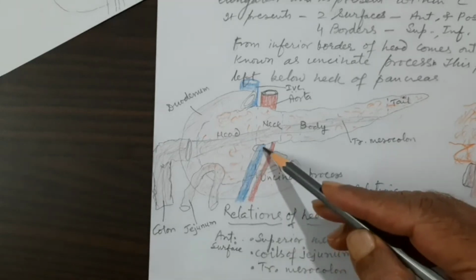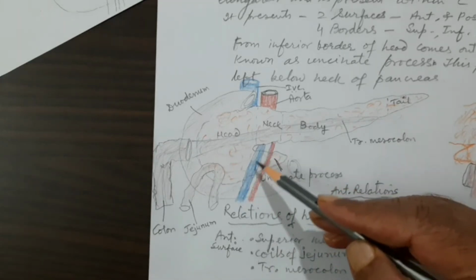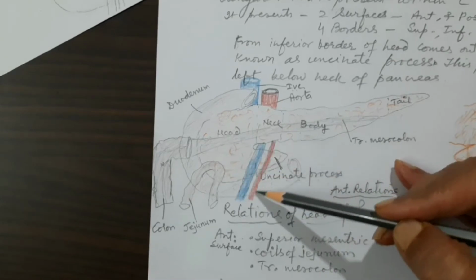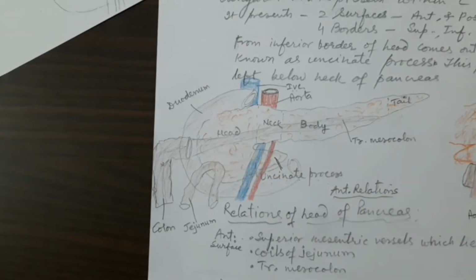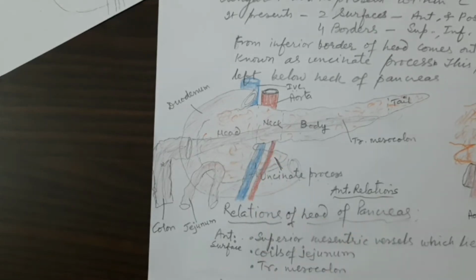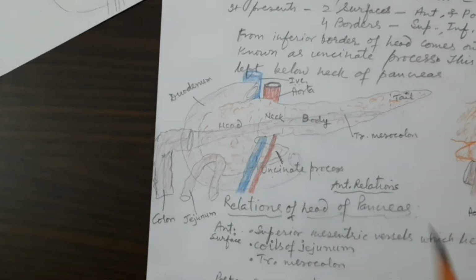And in front of this uncinate process lie the two vessels I told you about, the superior mesenteric vein and superior mesenteric artery. They lie in front of the uncinate process, and then they disappear deep to the neck and the head.